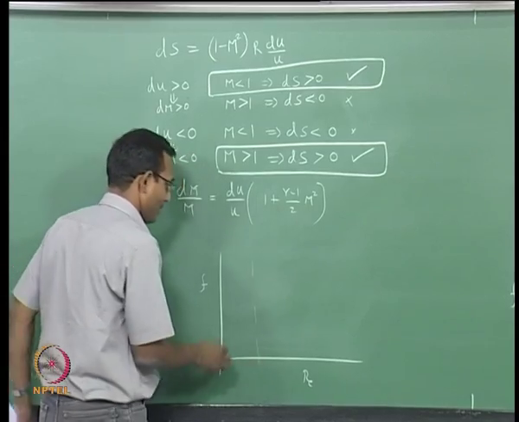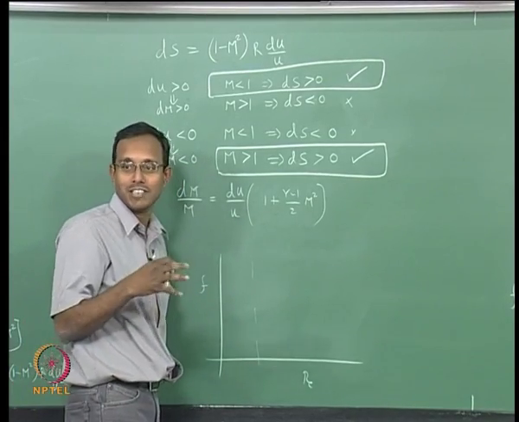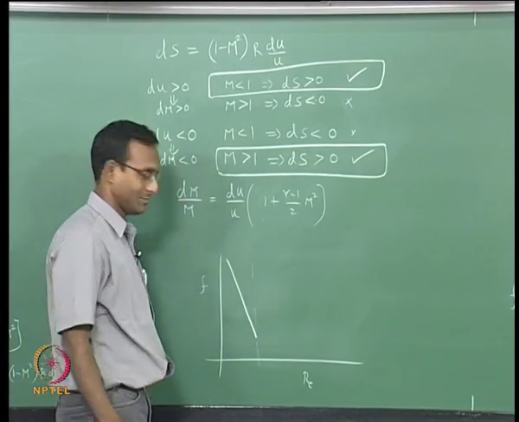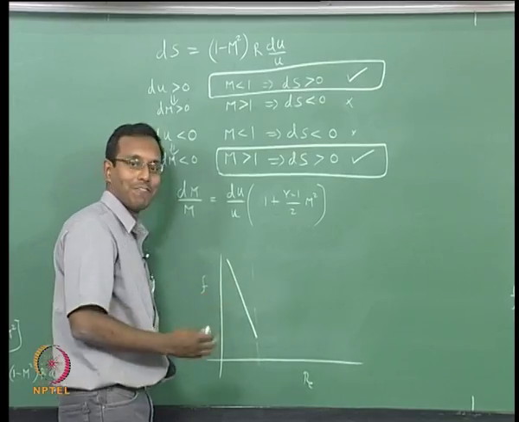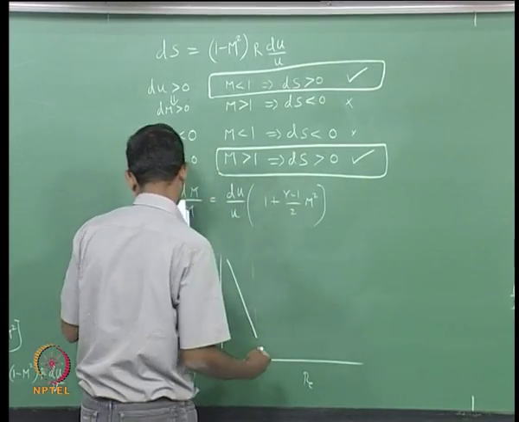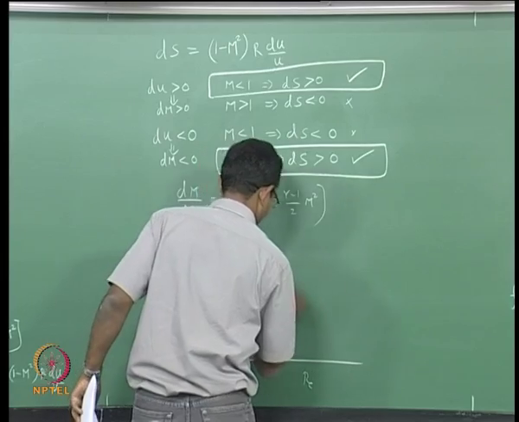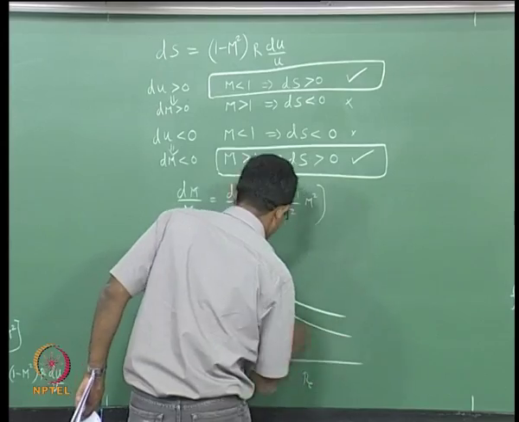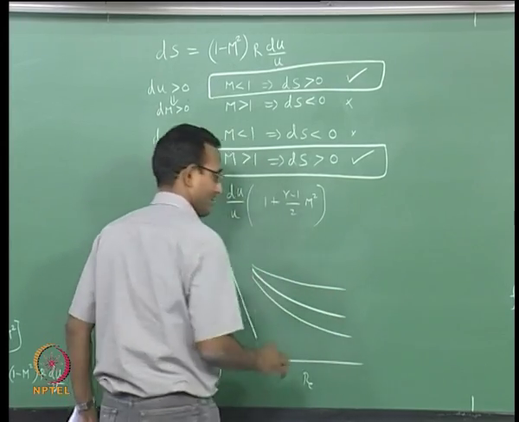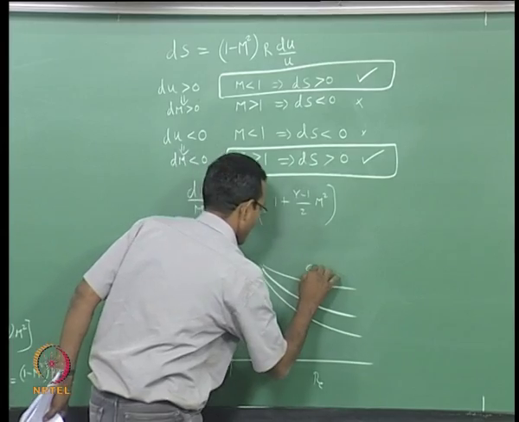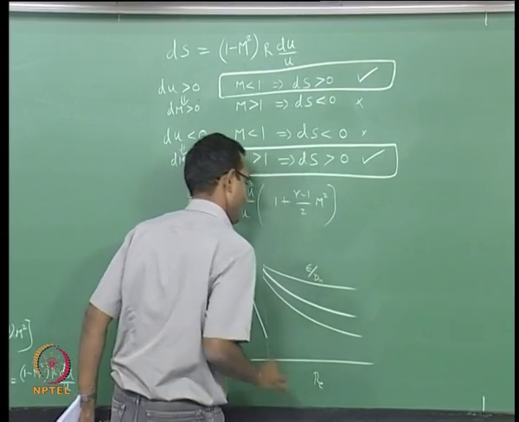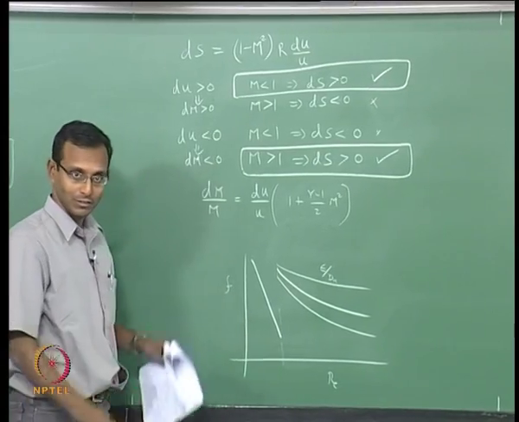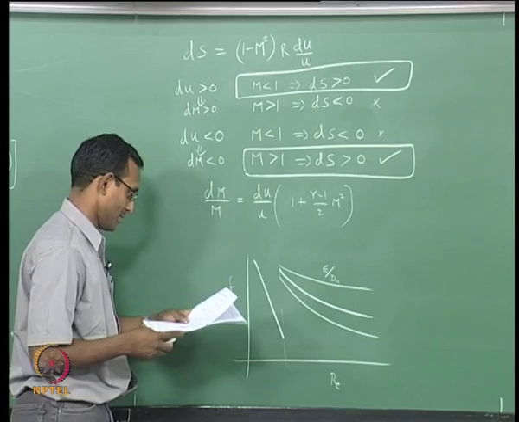For Reynolds numbers less than 2000 or 2300, the transition for a tube, it will just go straight like this, and suddenly it will go up after transition because turbulence increases friction, and then it is going to go down something like this. Depending on various values of epsilon by d it can be any of these curves, each of them is one particular epsilon by d. I am just drawing qualitatively, this is a log plot, both are log axes.